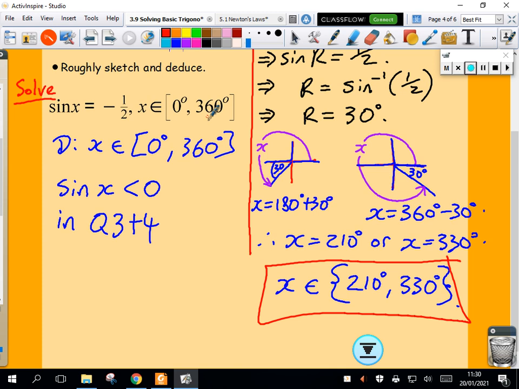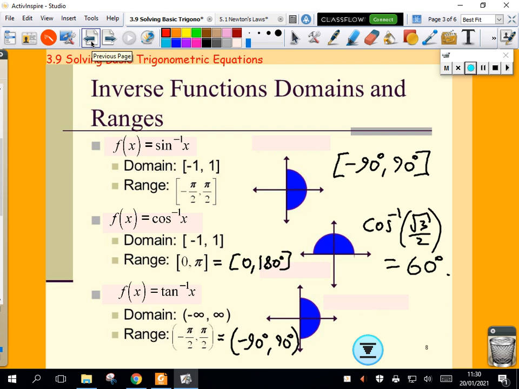Notice negative 30 degrees does not come up in here. And why is my calculator telling me negative 30? Well, your calculator will always tell you values between negative 90 and 90. Okay, so your negative 30 fits in there nicely.